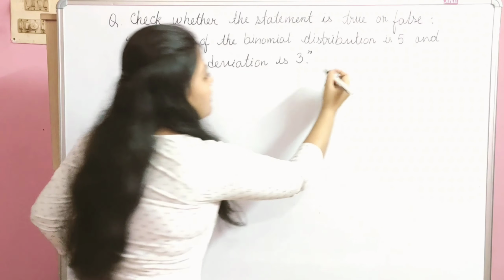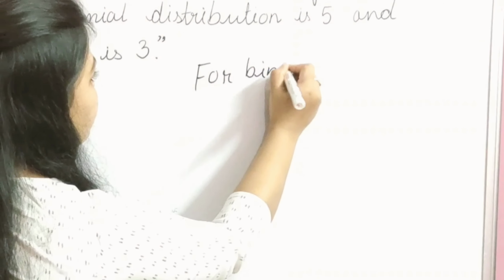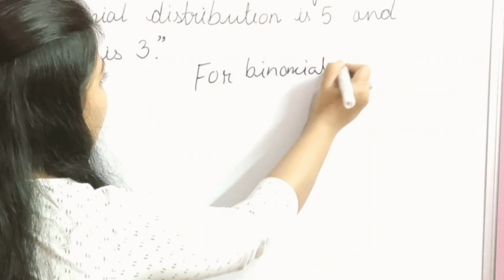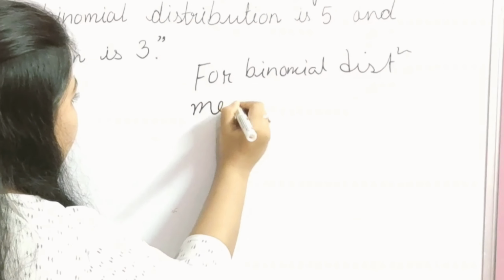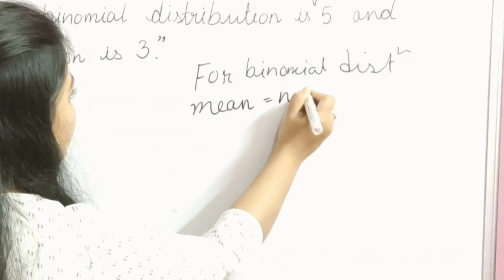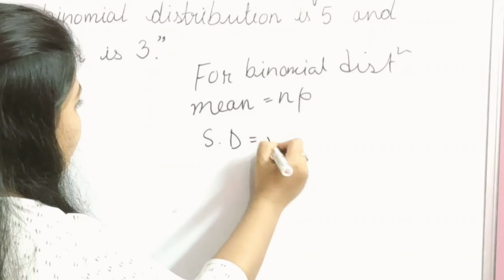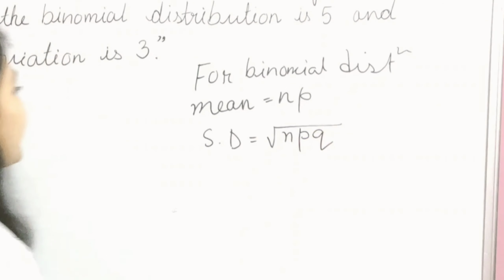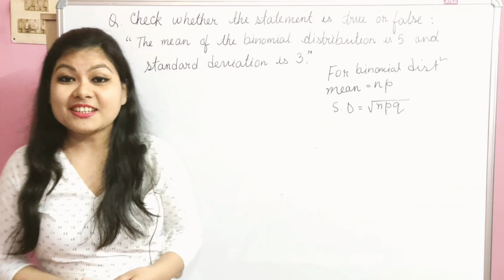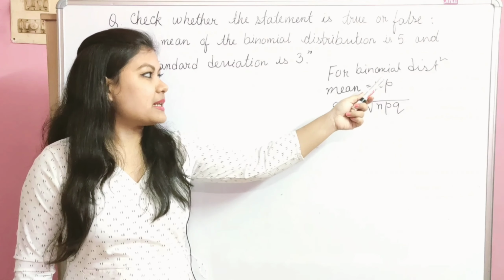We know that for binomial distribution, mean is equal to NP, and standard deviation is equal to root square NPQ. So these are the two conditions given when we are to solve the binomial distribution.